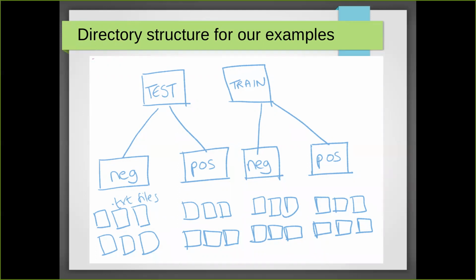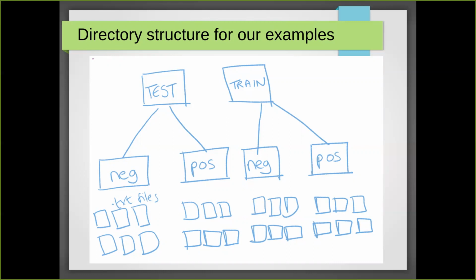And we do this because there's a really nice package built into TensorFlow, and also into Keras, that allows us to automatically read in data as both positive and negative examples of text if it's been saved in this particular structure.